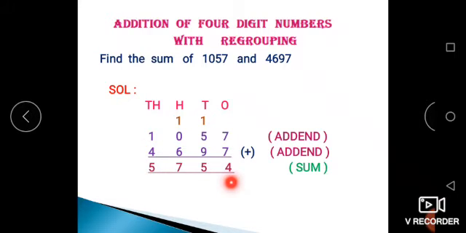The answer is 5. So 1057 plus 4697, the addition answer is 5757. Okay, we'll move to the next slide.